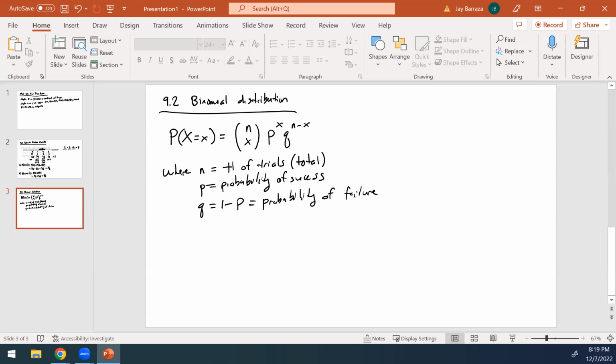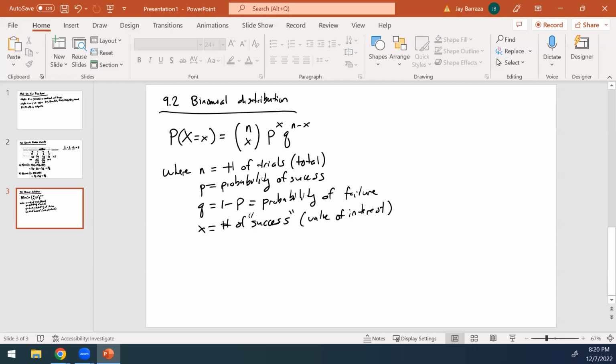X is equal to the number of successes, or as I like to say, the value of interest. So X is the number that you're actually interested in, like, what's the probability of getting 3? X is the number of interest. So that's the idea.